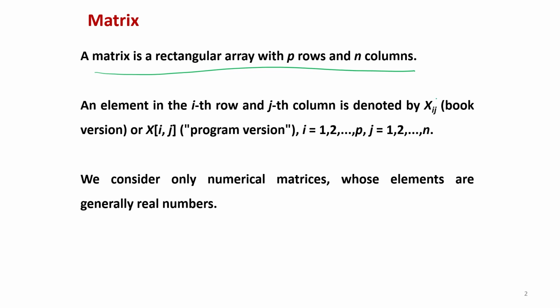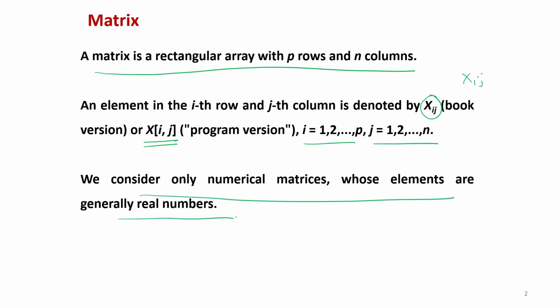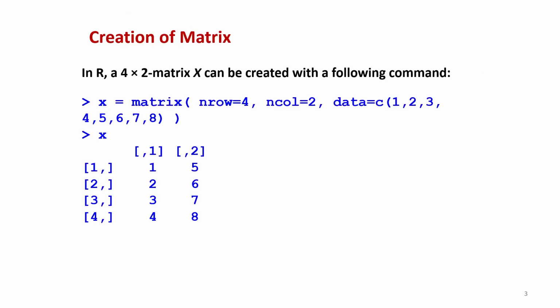In a book, we usually express such elements as x_ij, with i and j in the subscript, but in most programming software it is written as x[i, j], where i goes from 1 to p and j goes from 1 to n. Here we are going to consider only numerical matrices in which all the elements are real numbers.